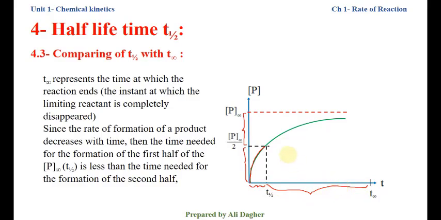Why? Because the rate of the reaction decreases with time. So T half is less than T infinity over 2. This is T infinity over 2. T half is less than T infinity over 2 because the rate of the reaction decreases with time.